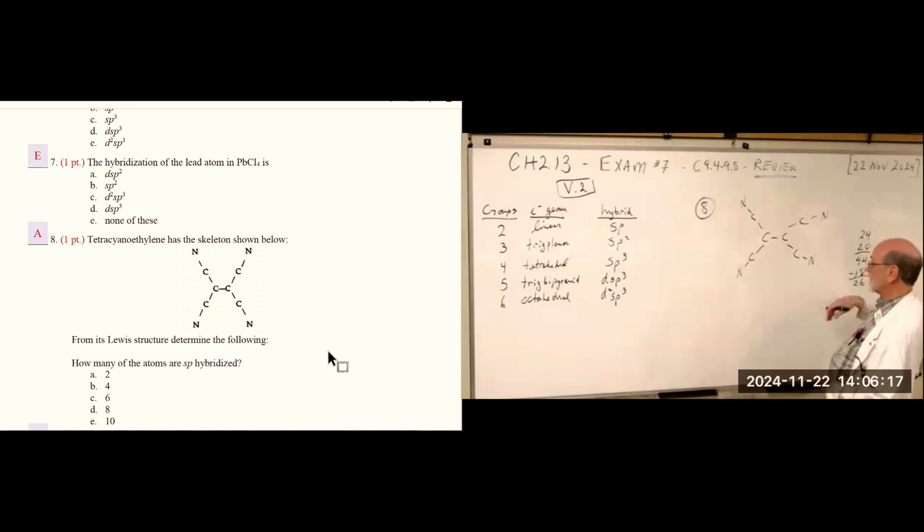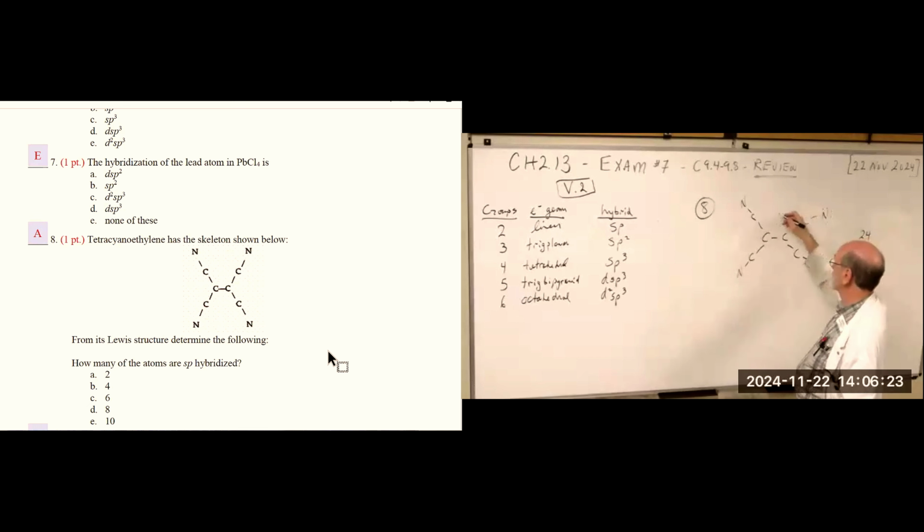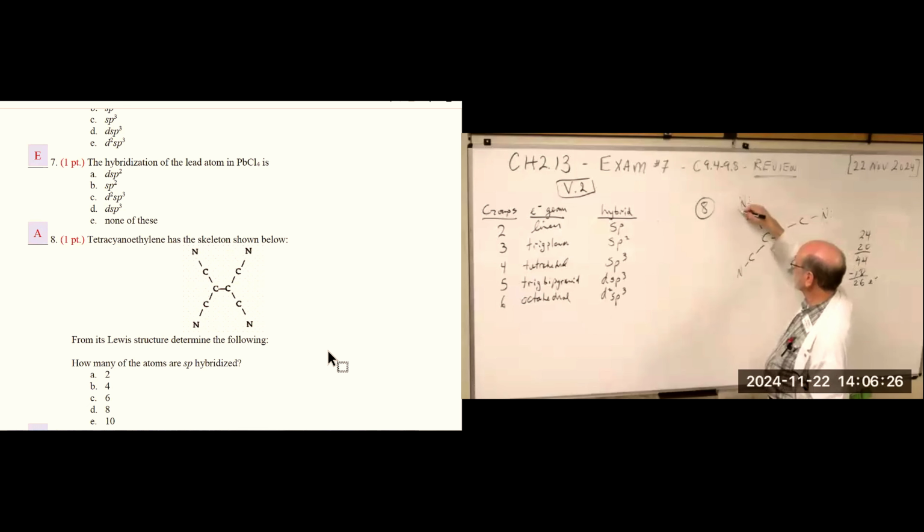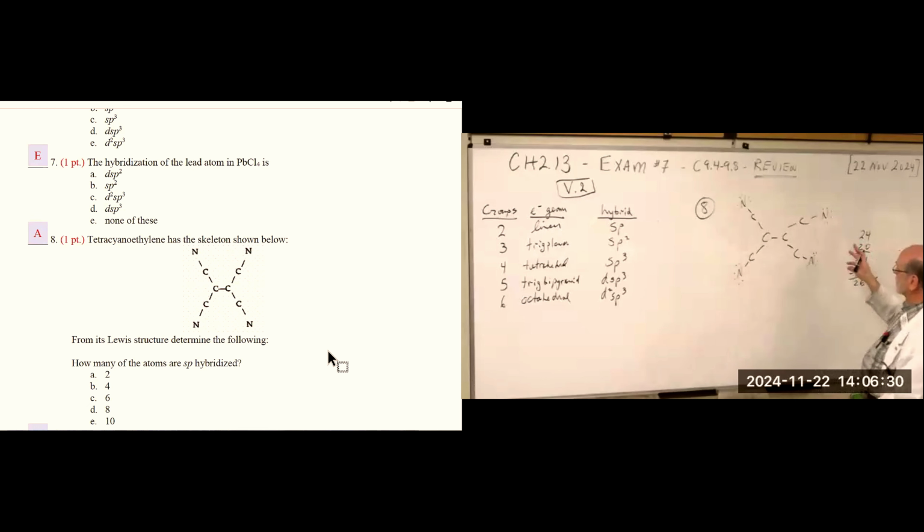Where are we going to put them? Well, we start from the outside and work our way in. 2, 4, 6, times 4 is 24. So that's 2 electrons left. Where do those 2 electrons go?